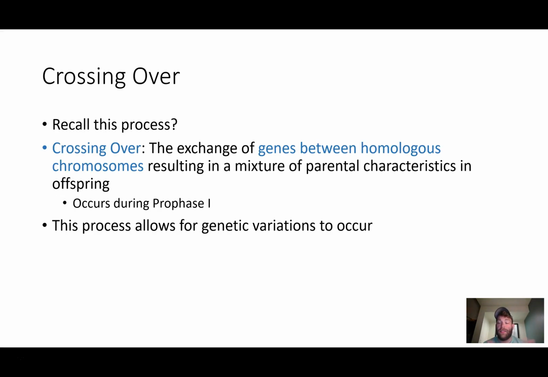So remember, we talked about crossing over. And so again, this is the exchange between the homologous chromosomes. Homologous chromosomes code for the same genetic information, and the exchange results in a mixture of the parents' characteristics. What that allows us to do is to take a gene from one parent and a gene from another parent that were together in the offspring, and then start swapping those around.